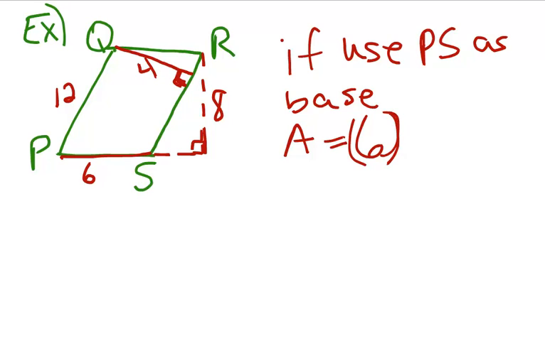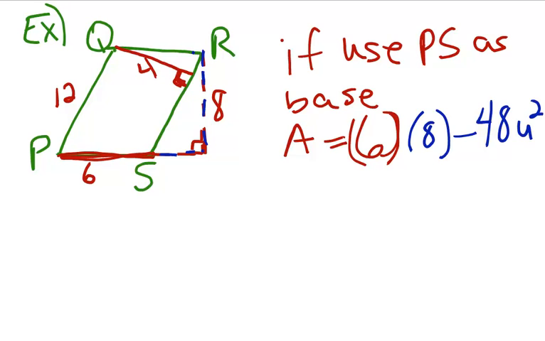And what I have to look at is if this is the base, then my height is going to be from that base, perpendicular line from that base. So that then becomes this part over here. This is my height then, from the line where the base is, perpendicular to the base, going to an opposite vertex. So that's going to be 6 times 8, and that's going to be 48 units squared.